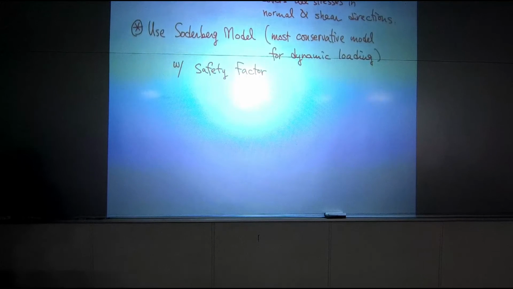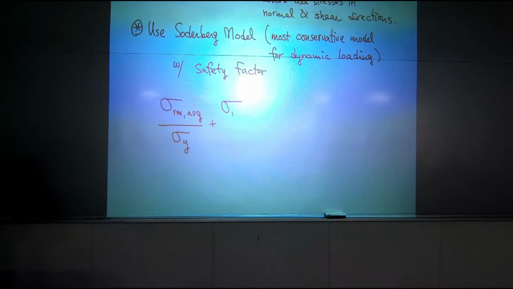So in this case, my model looks like this, but I'm using von Mises stress. And here should be yielding. I'm using von Mises stress here. Okay? So in this case, I'm using von Mises stress.